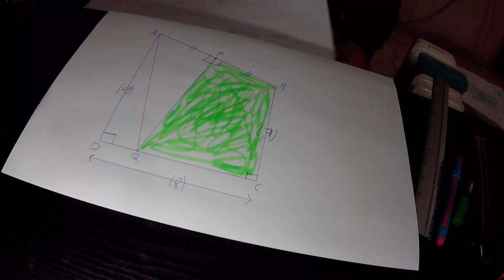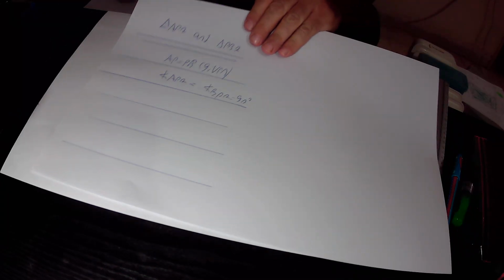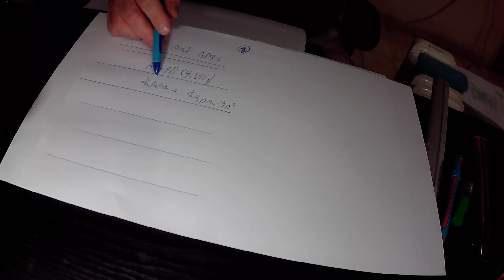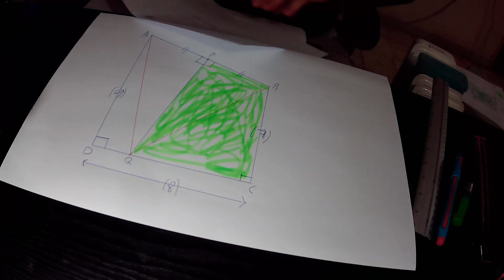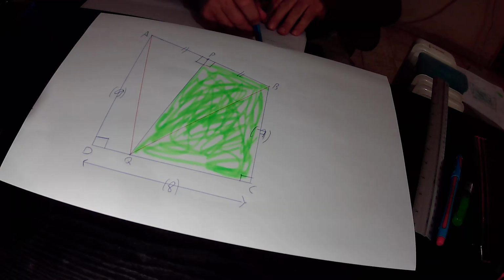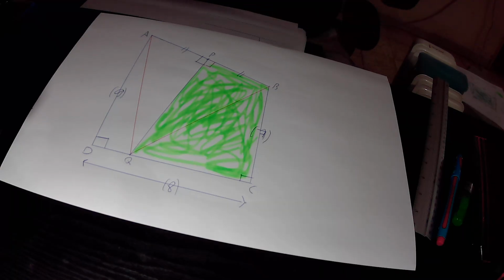Angle APQ in the white triangle equals angle BPQ in the green triangle, they are both equal to 90 degrees and therefore they are equal to each other. And finally, this is side PQ, a common side that belongs to both triangles. So PQ equals itself, as a common side of both triangles.